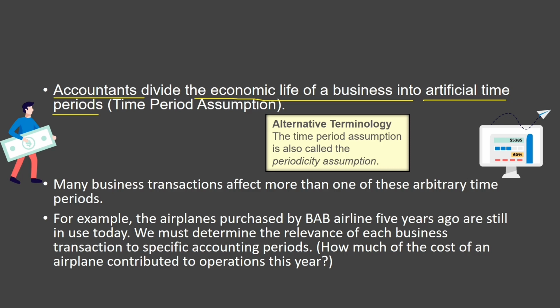This is also known as the time period assumption, or an alternate terminology used for this is the periodicity assumption. In different books there are different names, so we have to understand these things.